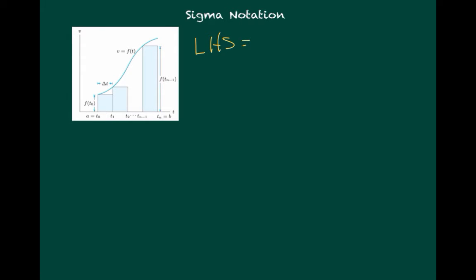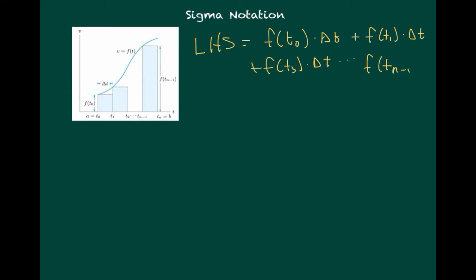So the left-hand sum equaled the height of the curve when t was equal to t sub naught times delta t, plus f of t sub 1 times delta t, plus f of t sub 2 times delta t, and so on until you get to f of t sub n minus 1 times delta t. So our rectangles are shifted over to the left, with our last rectangle getting the height from the second to last t.